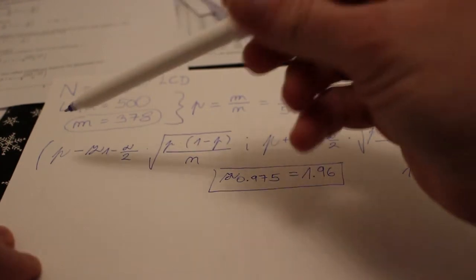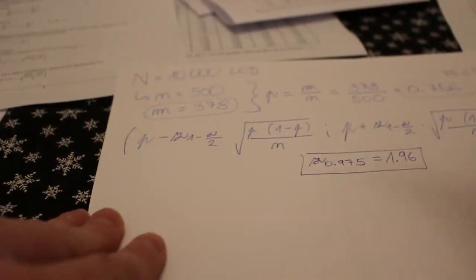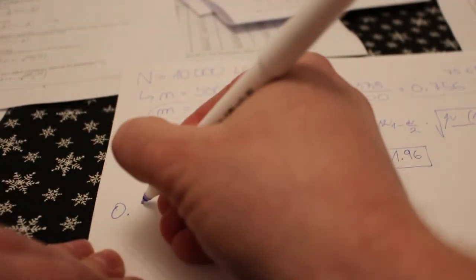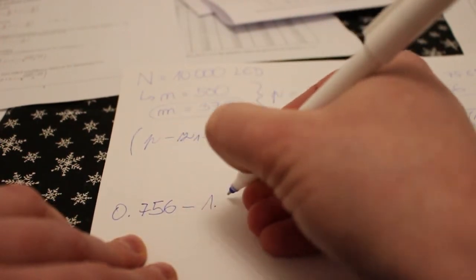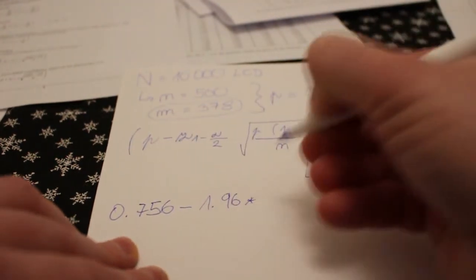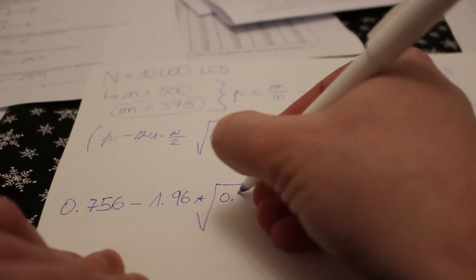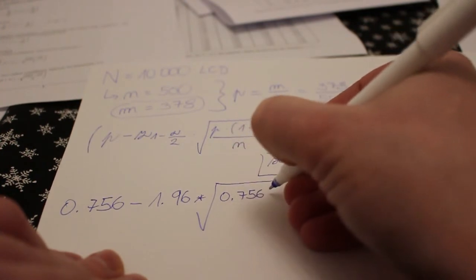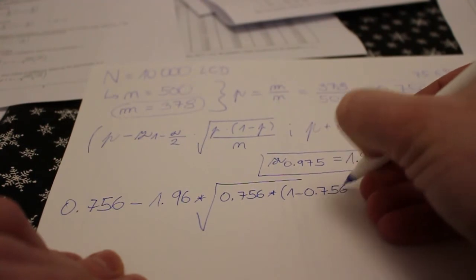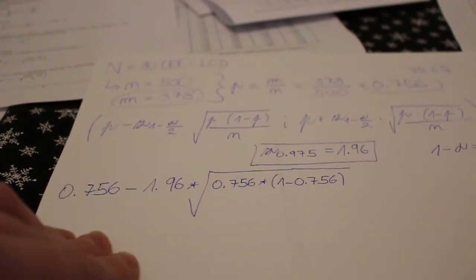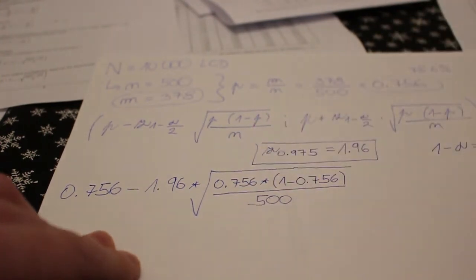We know the calculated proportion. We know the sample size. So I will write here 0.756 minus 1.96 times square root, and there is 0.756 times 1 minus 0.756, and this is divided by 500 selected displays.